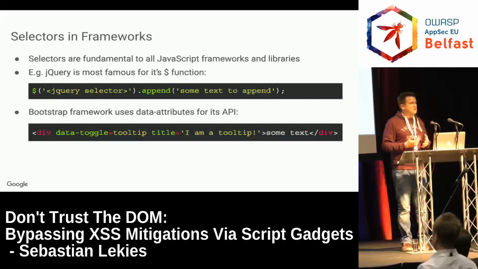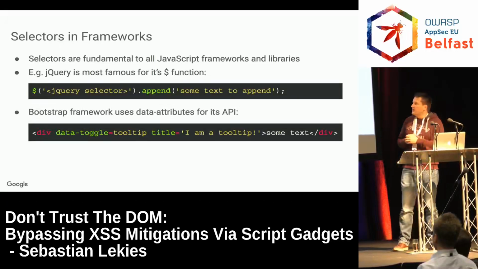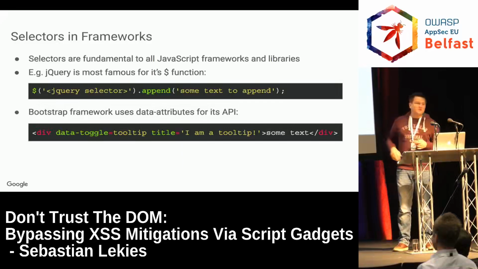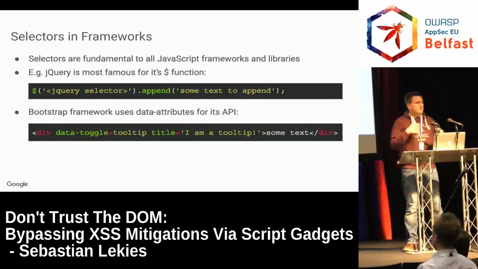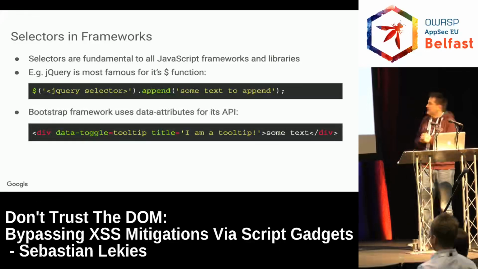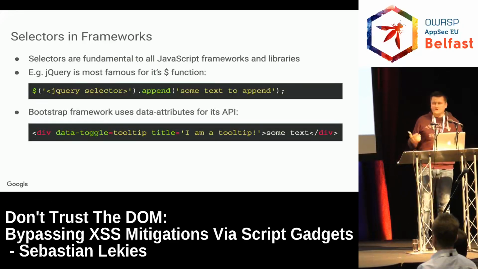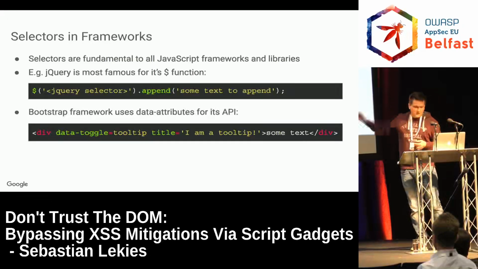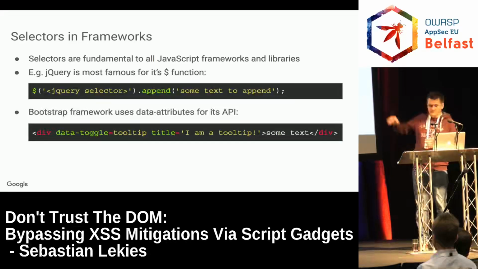If you want to write a tooltip in the Bootstrap framework, which is a set of UI components, you just put some data attributes onto your element. For example, you say data-toggle equals tooltip, and then there's some Bootstrap code that bootstraps the tooltip functionality, and Bootstrap will create this tooltip functionality for this element and render this title onto the page. So this is also done by selectors, although you cannot see it from this example.